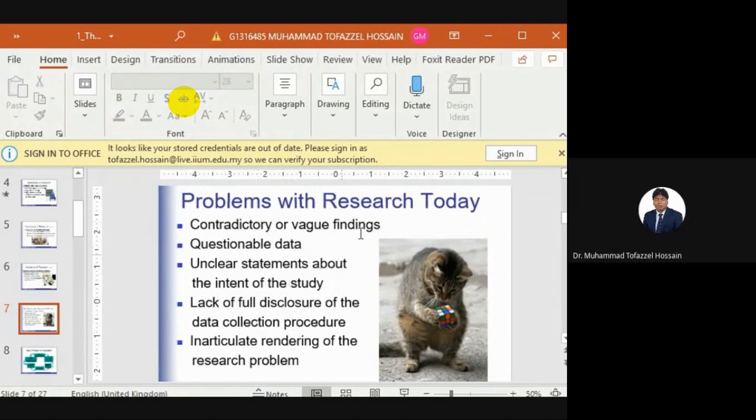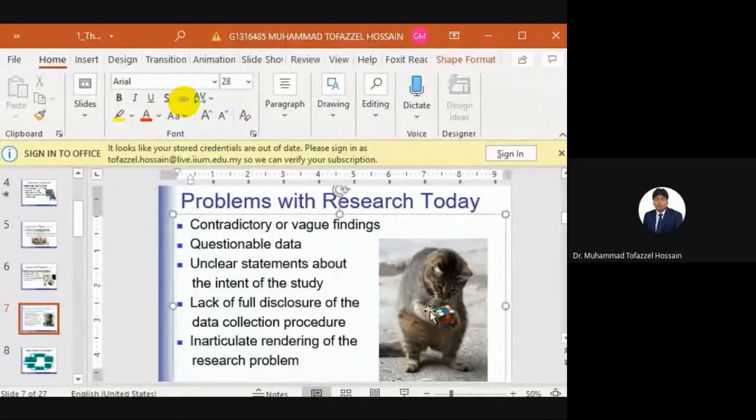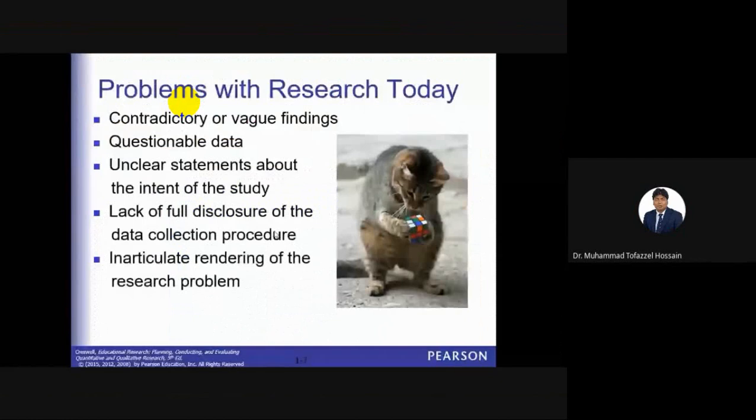Then problems with research today. What are the problems with current day or present day research? In many cases, the findings we get are contradictory or vague. The findings are either contradictory or vague. Vague means not clear.